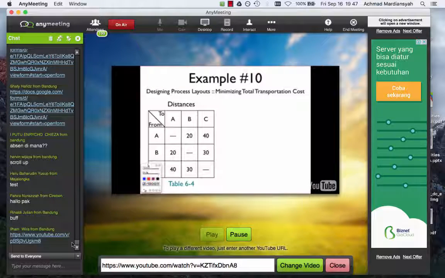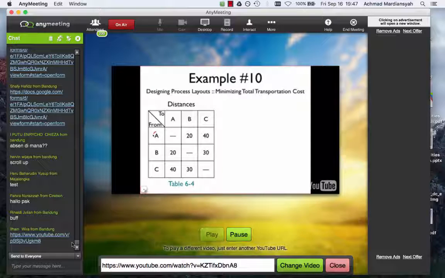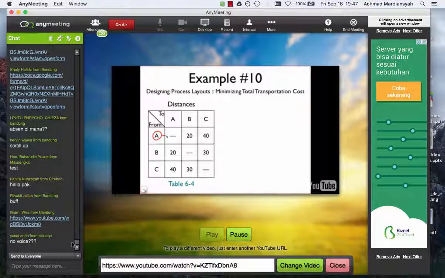So the first thing we have are distances between our locations. From location A to location B is 20 units of measure, whatever it is, meters might be. And likewise from B to A is 20 meters. So they're symmetrical.